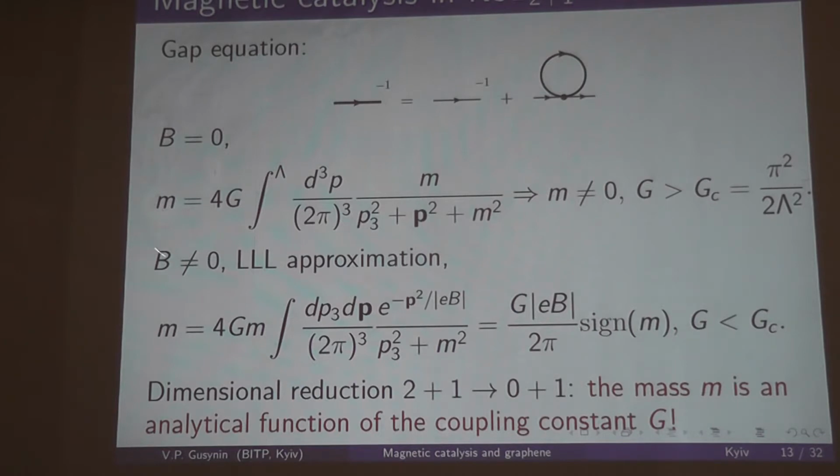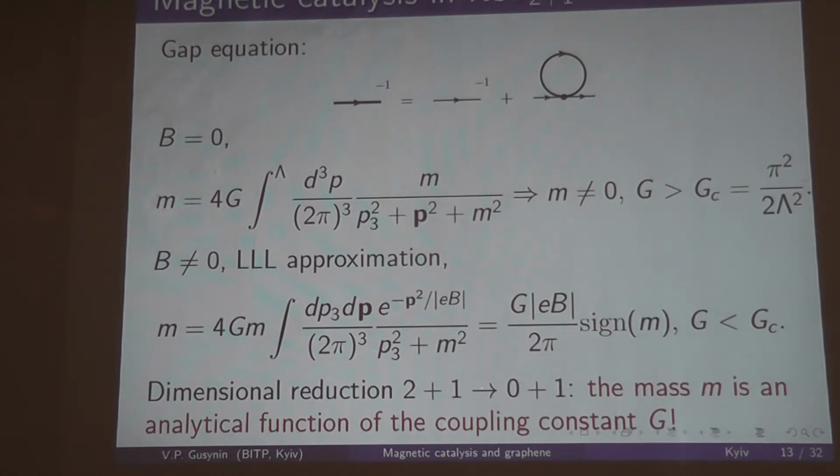Now apply the magnetic field and use the lowest Landau level approximation. The equation turns into such a form, and we easily find a non-trivial solution which exists at any coupling constant.